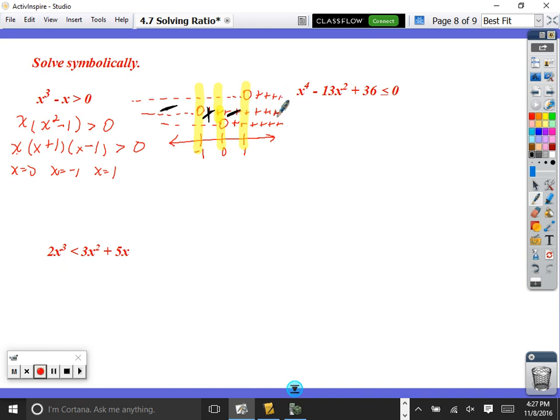And a positive times a positive times a positive should be a positive. Then I look at my inequality. Greater than 0 are our positive numbers. Our positive numbers occurred in here and out here. And it is just a greater than, so it is from negative 1 to 0, union 1 to positive infinity.